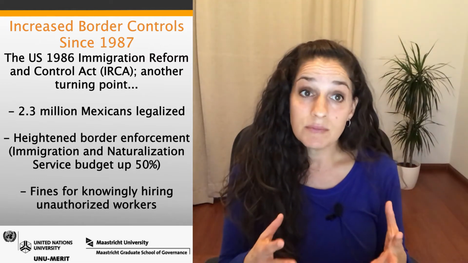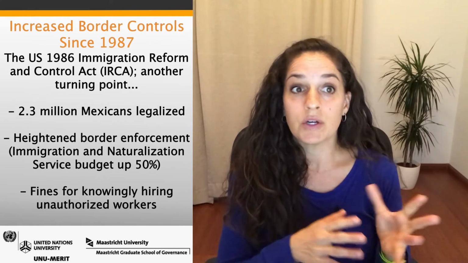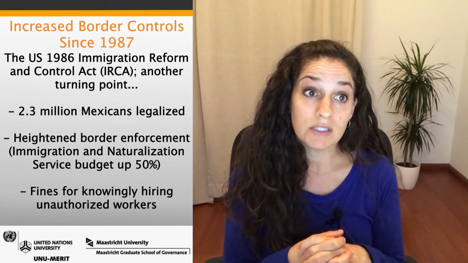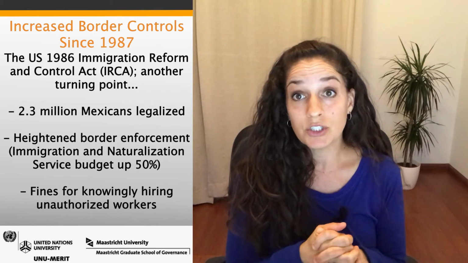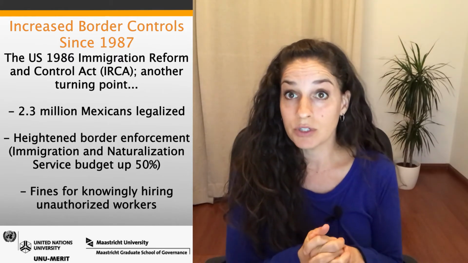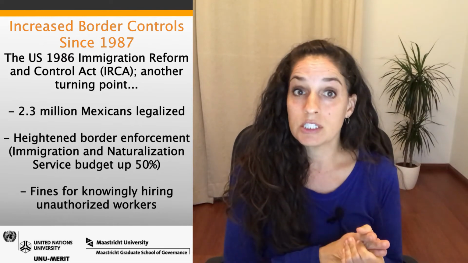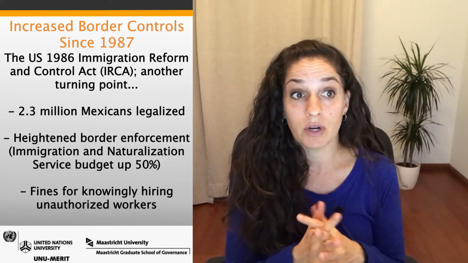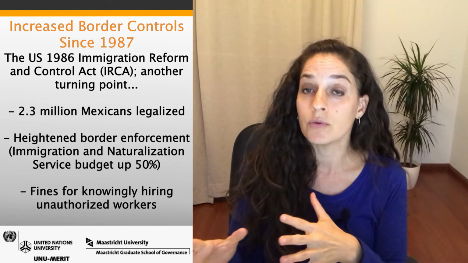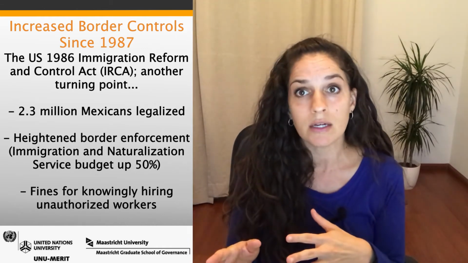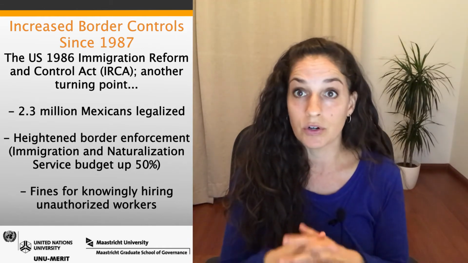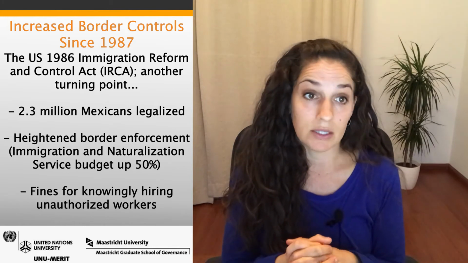But at the same time, there was heightened border enforcement, and the Immigration and Naturalization Service budget increased by 50%. At this time, there were also starting to be fines for hiring unauthorized foreign workers. So now employers were starting to be penalized for hiring foreign workers that were in the country irregularly.